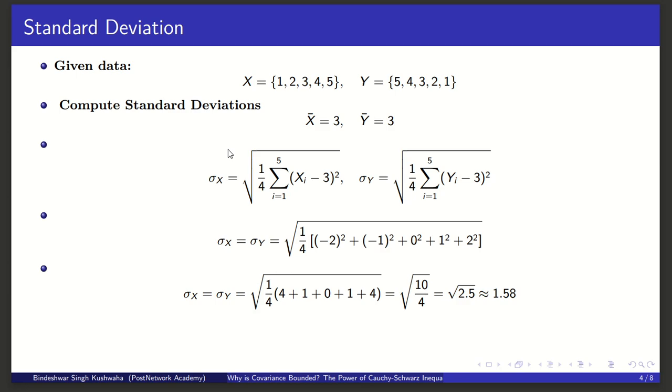The x standard deviation and y standard deviation are both the same, 1.58. And if you multiply sigma x and sigma y, that would be 2.50. And covariance can never exceed 2.50. I have taken three cases so that you can understand.